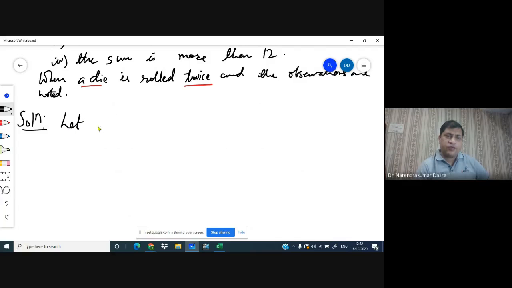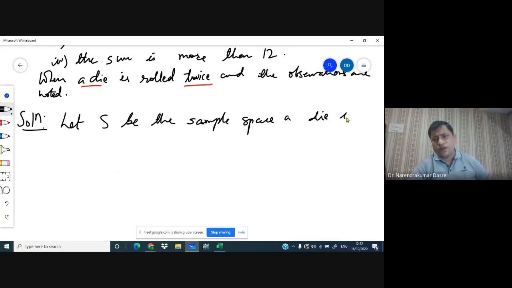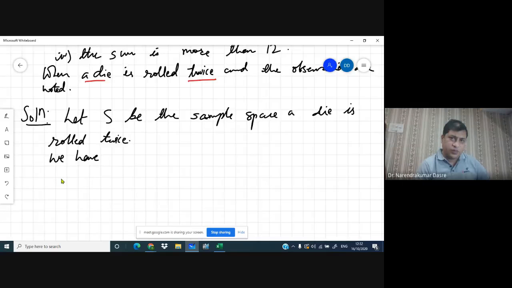So let S be the sample space when a die is rolled twice. Now what we have to do is write down all possible pairs.